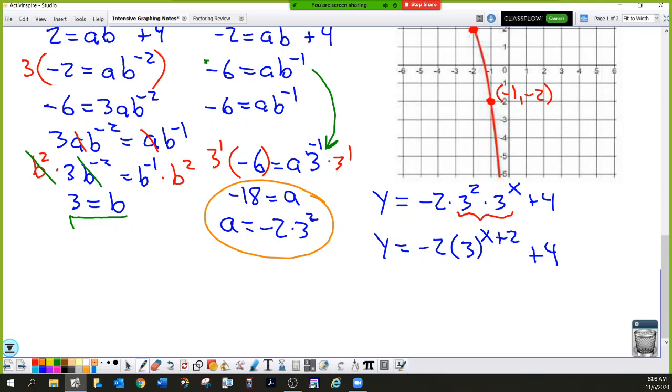If you're not comfortable doing that, and I don't want you to because I think it's more work, you could have multiplied both sides by b squared, which would have gotten a by itself. Then you could have substituted that a value into the other equation. Is it more work? Is it less work? I'm not sure. To be honest with you, I haven't tried. I've only done it this way, but the other way would work as well. Substitution would work just fine.